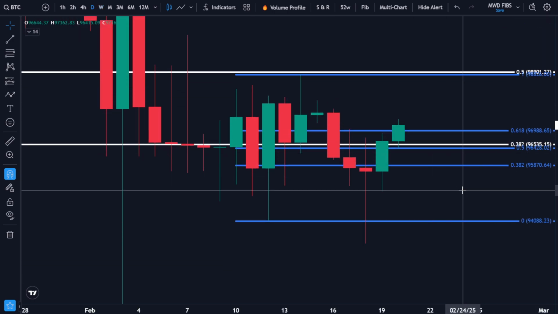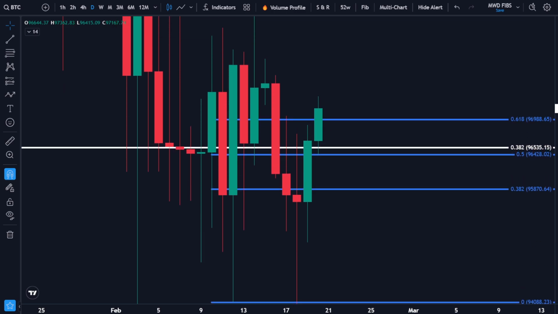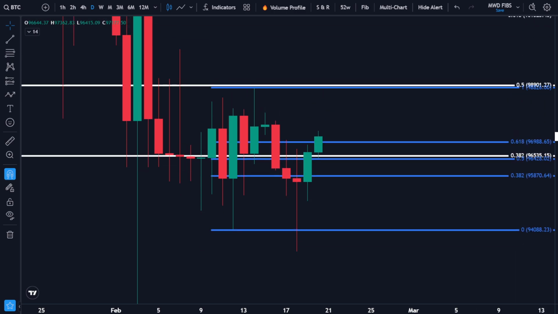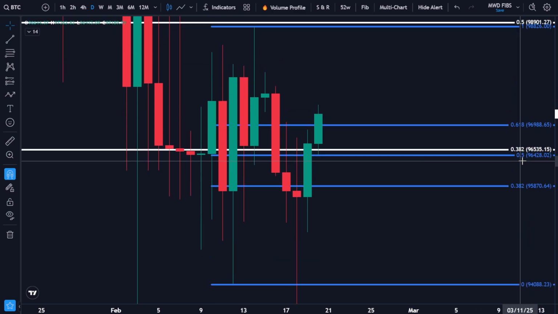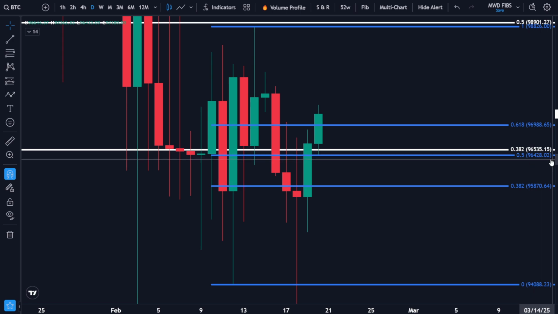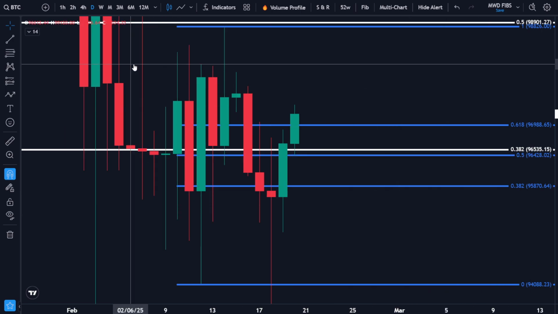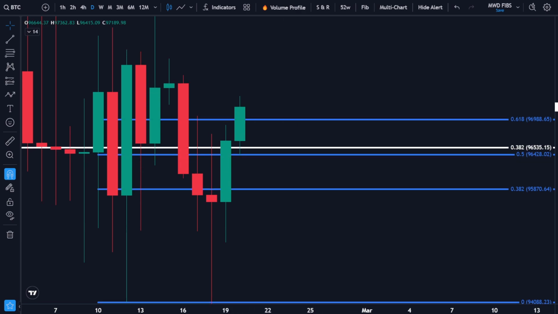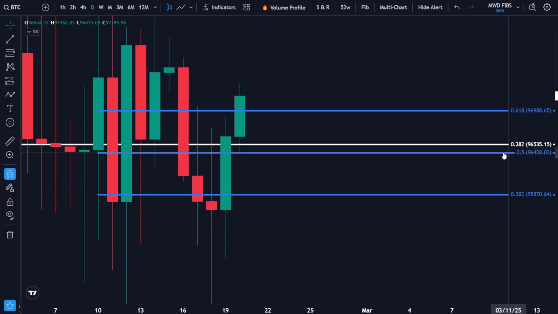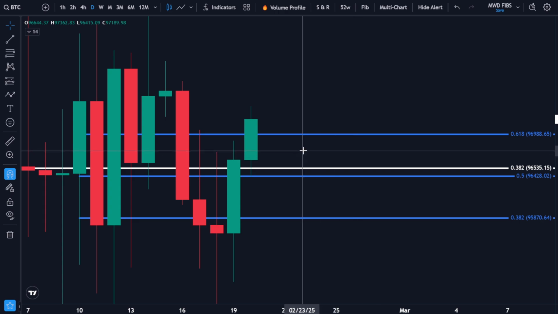So where's the 0.5? The 0.5 level of the weekly Fibonacci is 96,428.02, and our daily candle is already above the 0.5 and the 0.618 level of the Fibonacci for the weekly time frame.